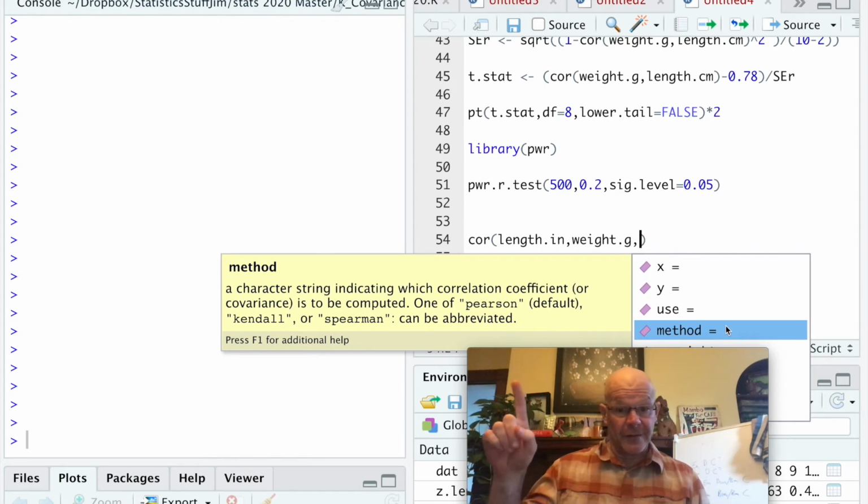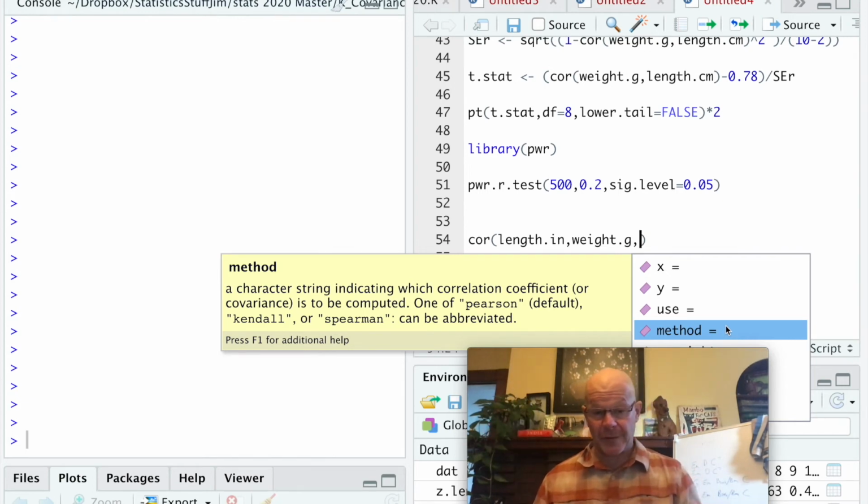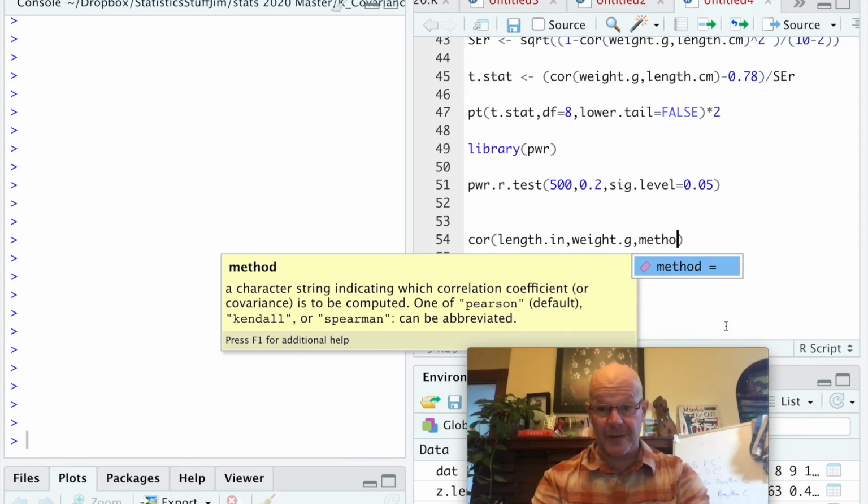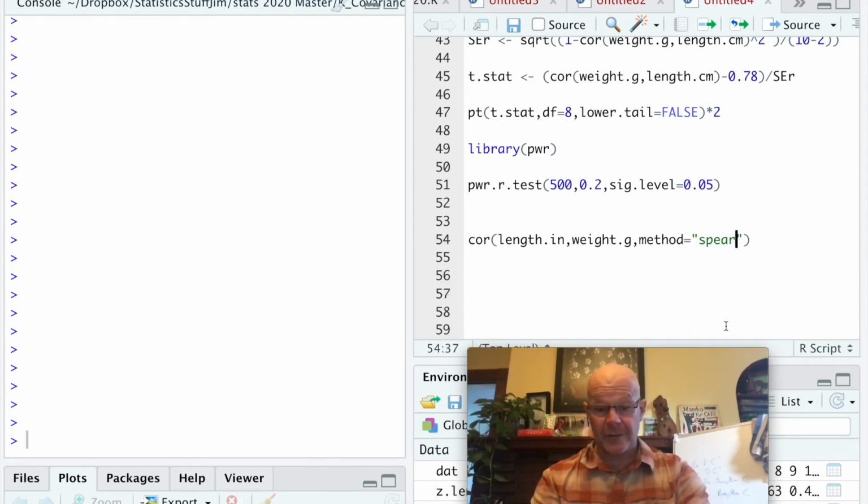Pearson is the default. Pearson is our Pearson product moment correlation. But then you'll see that there's two others up there. One of them is Spearman. We'll get to Kendall in a minute. So if you wanted to use Spearman, you would just say method equals Spearman.